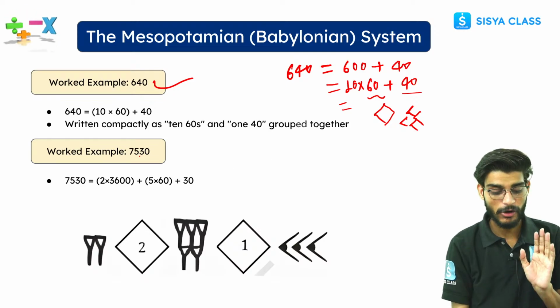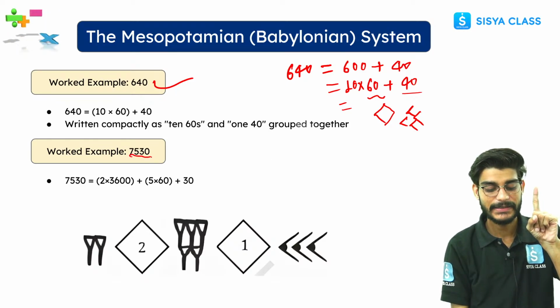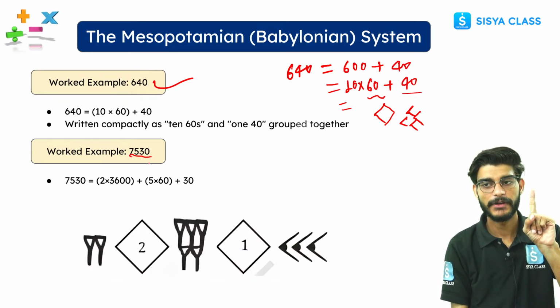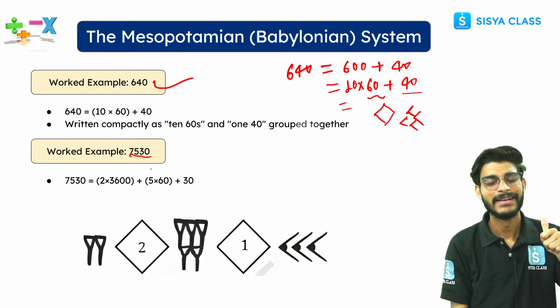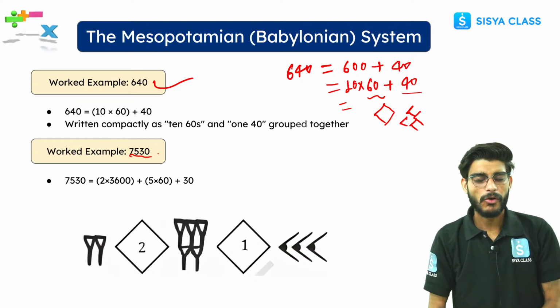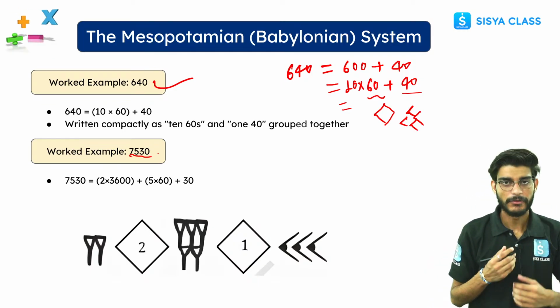Let's denote one more number, that is 7530. First of all, how will you write it? Try to convert all the numbers into powers of 60.